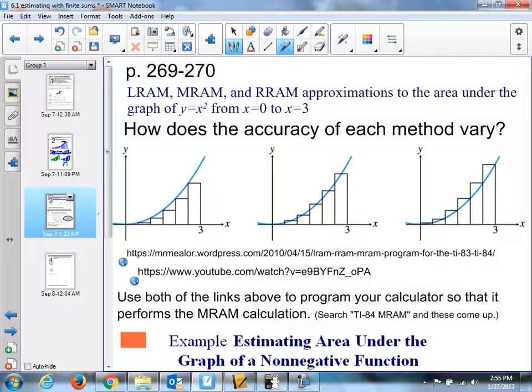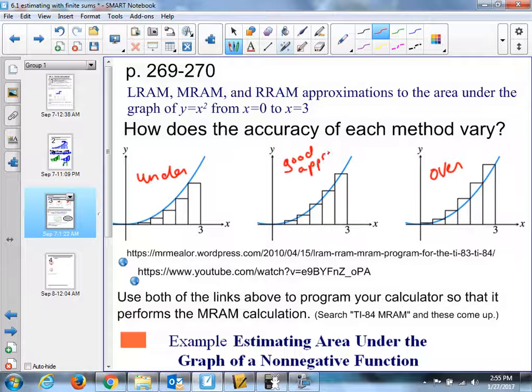So, again, this is below or under, right? This is definitely an over. And this is a pretty good approximation. It'll be slightly under though, right?